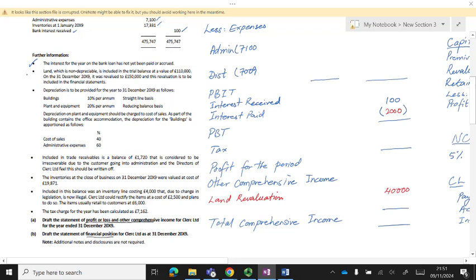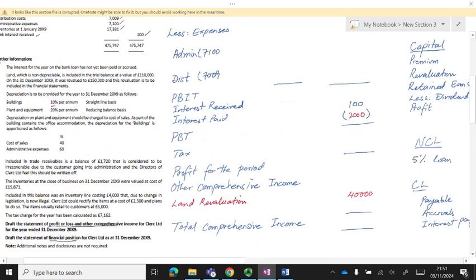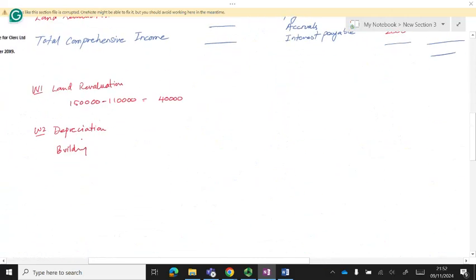Next, it says the depreciation is as follows. On building, it's straight line, 10%. On plant and equipment, it is 20% reducing balance method. So let's work out the depreciation. Building is straight line, so we need to find out the value of the building. You can see that 210 was the value of land and building, in which land was valued at 110,000.